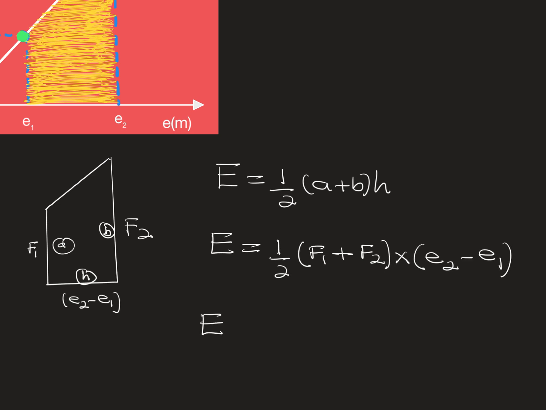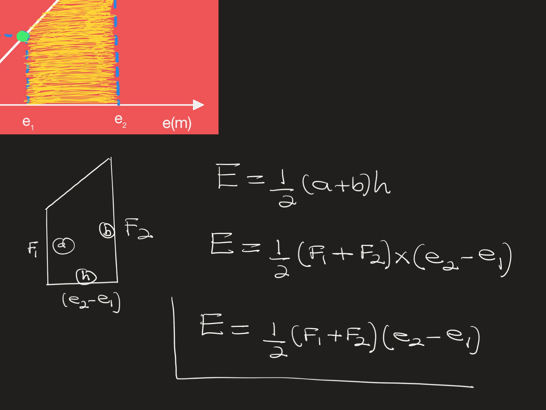Therefore, the energy will be half the sum of the forces F1 plus F2 multiplied by the difference in the extensions. So this is the formula that we can use when we are given different forces and extensions and we are instructed to calculate the energy stored in stretching the elastic material from one extension to another.